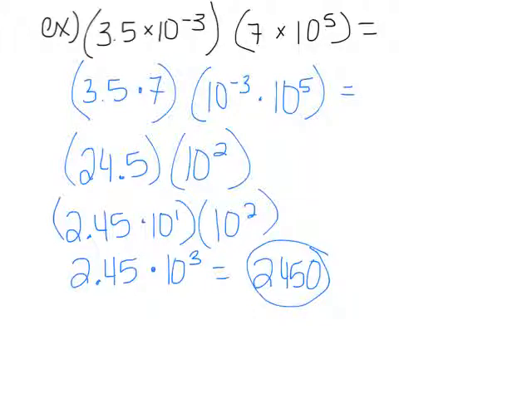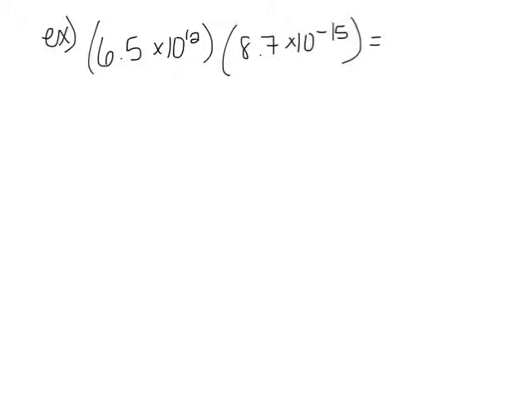It is very important to remember that when we have scientific notation, it is a number, point, the rest of the digits, because that number has to stay between 1 and 10. Let's go ahead and take a look at another example. So I have 6.5 times 10 to the 12th times 8.7 times 10 to the negative 15th.